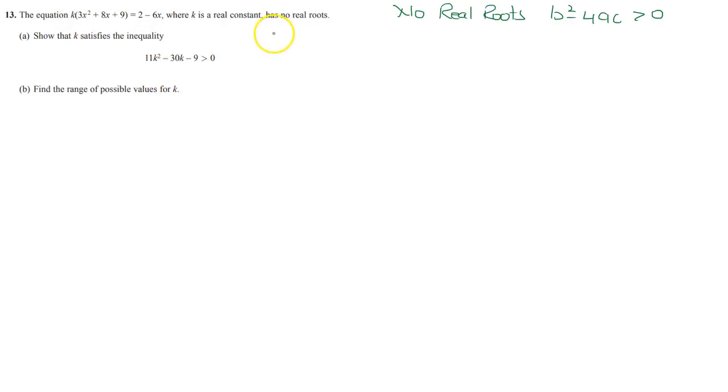So this is 3x square plus 8x plus 9 is equal to 2 over k. I have divided all by k, minus 6 over kx.